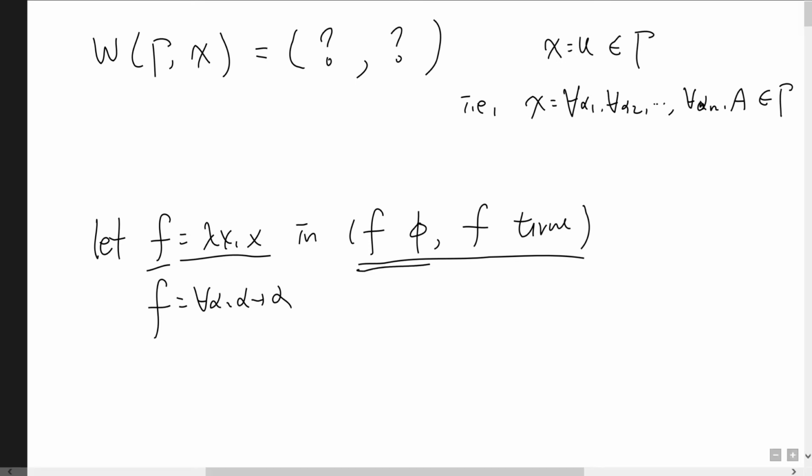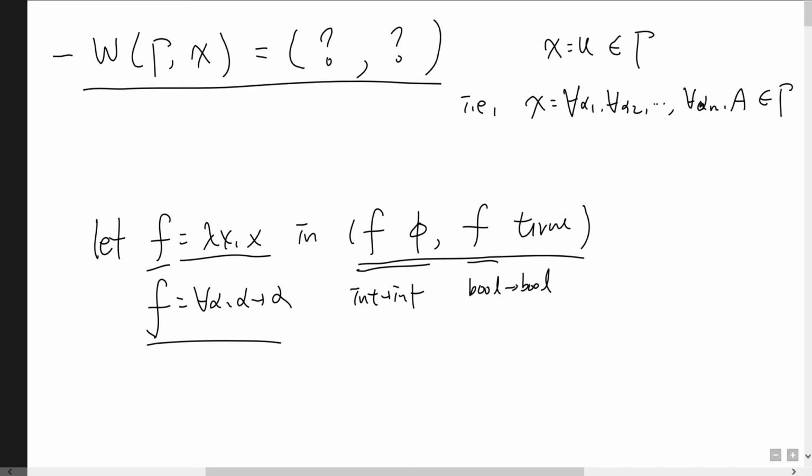Here, perhaps we will specialize the type of F to int arrow int, and here to bool arrow bool. Now, the case shown over here is the analysis of the first instance of variable f here, and also the second instance of variable f here.